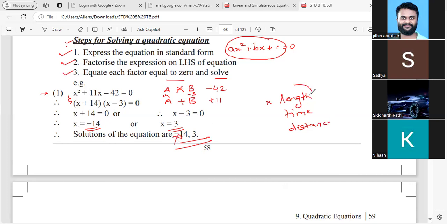But if such kind of hints are not given, you will have to keep it like this only, like how they have given. Solutions are both. Minus 14 is also a correct answer. 3 is also a correct answer. You have to write both of them. Ideally speaking, you are expected to write both of them. You can eliminate one only if the condition says so. Otherwise, don't eliminate anything. Write both the answers.